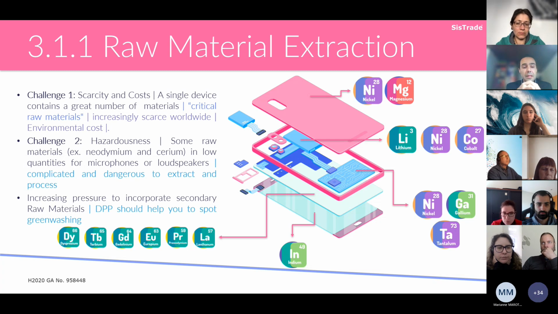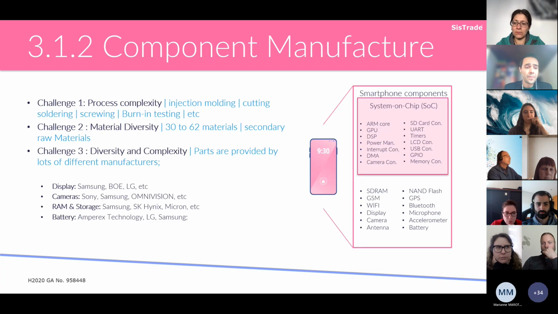And we feel that DPP should help you to spot greenwashing. So we can see that we have lots of components and some rare materials here in our phones. If we go to the individual component manufacture, we have three main challenges. One is process complexity, another is material diversity, and the other one is the two together. So it's diversity and complexity.